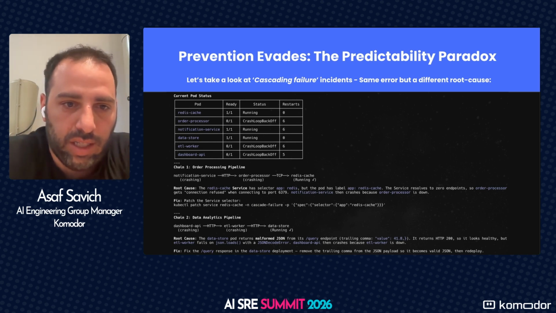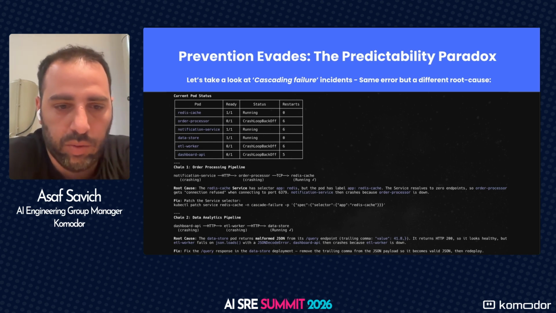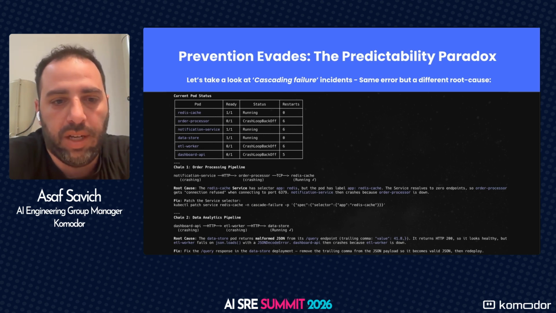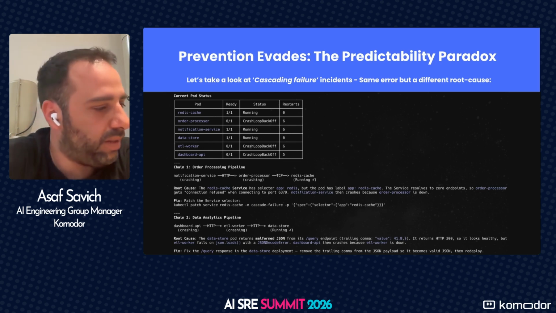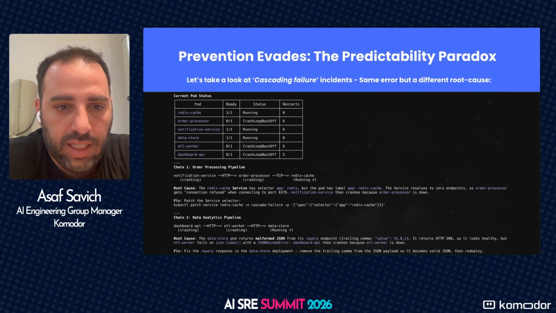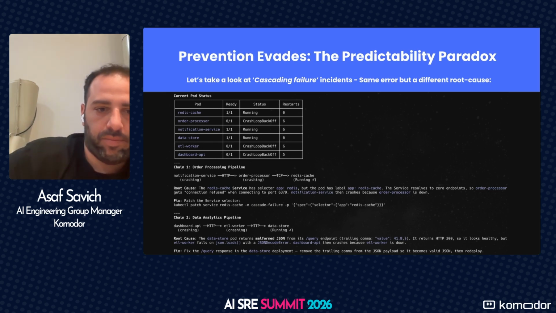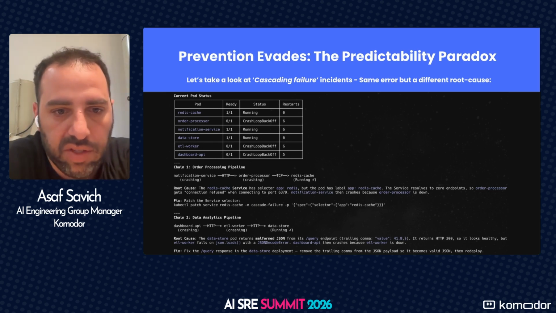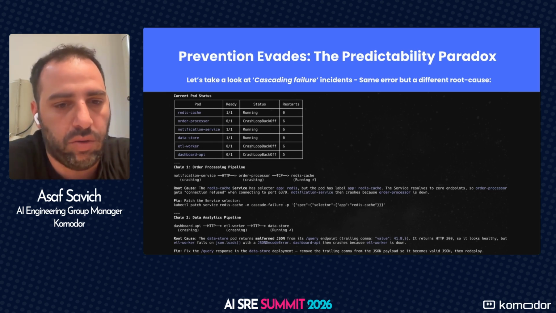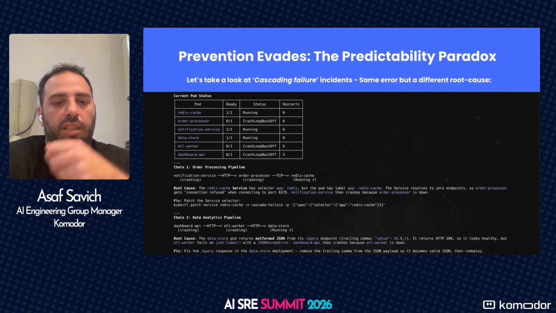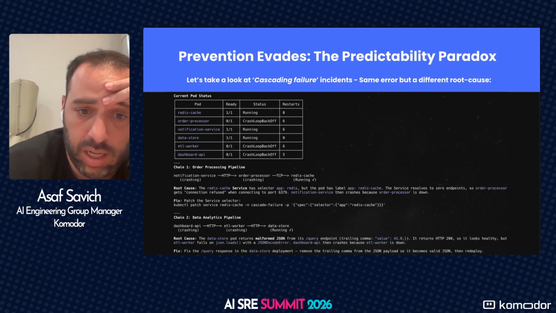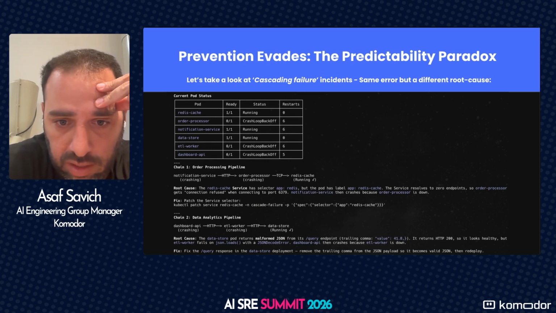The second chain, let's look at it this way, is a dashboard API that is crashing, right? Sounds familiar. An ETL worker that is crashing as well, that is calling some data store that is running properly. So as you remember, in the previous scenario, the resolution was a misconfiguration. Or in this case, the data store pod returns a malformed JSON. There is an application issue with the data store that it returns a bad JSON, and we see it here.